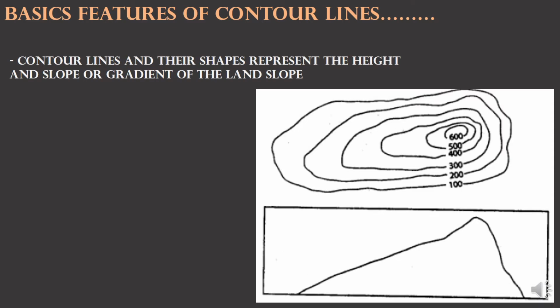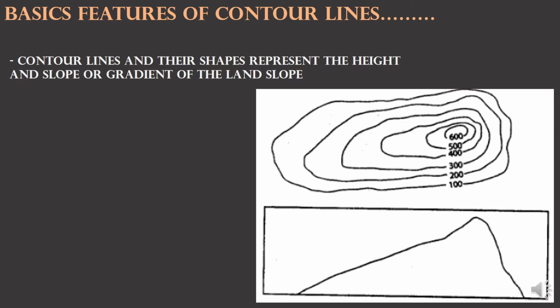Another one is that the contour lines and their shapes represent the height and slope or gradient of the land. So when I look over the layout without the elevation and I can see that it varies from 100 to 600, I can automatically reflect this on an elevation drawing.